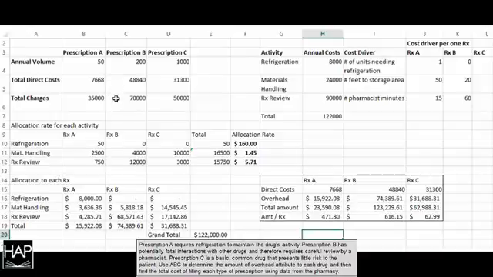Prescription B, they're still charging double what the direct costs are, but the total costs are pretty high actually. And the total cost for prescription B, when we look at the activity-based allocation, the costs are actually higher than the charges, which is interesting and could be useful for management when determining their pricing.